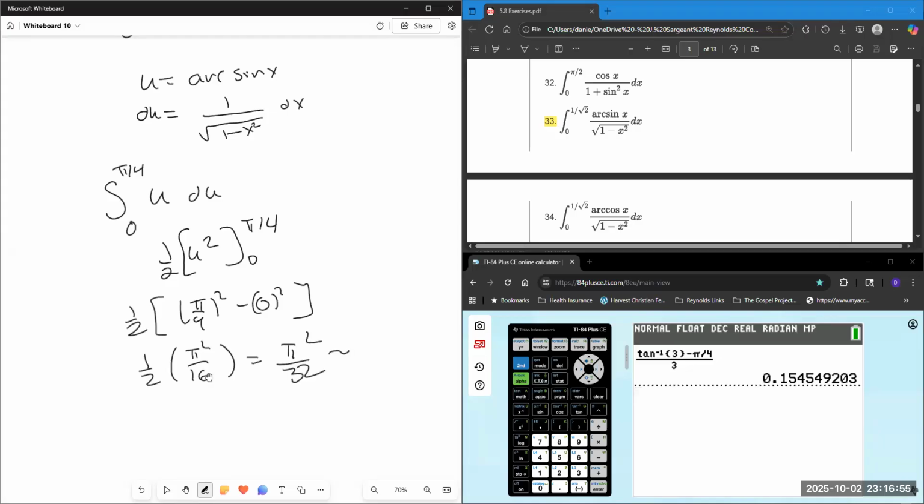This will be another one that I'll approximate for you. Pi squared over 32 is approximately 0.308.